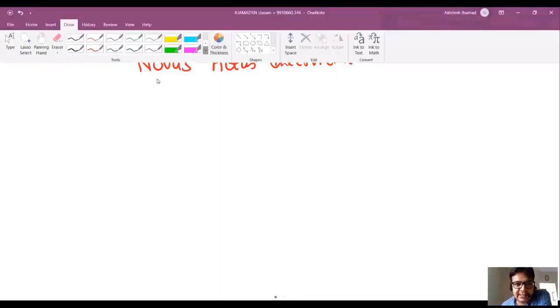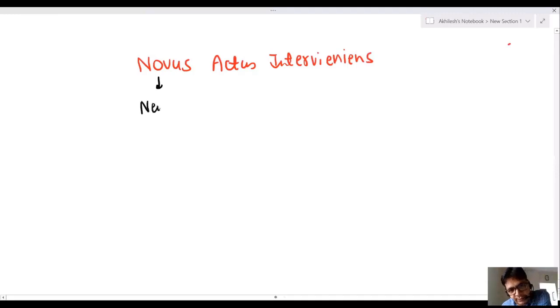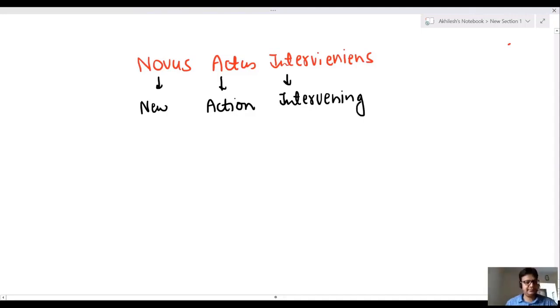Novus means new. Actus is action. Interveniens means intervening. Novus actus interveniens means new action intervening.